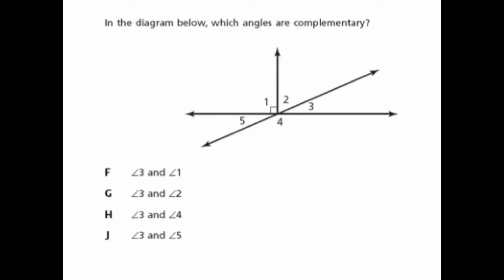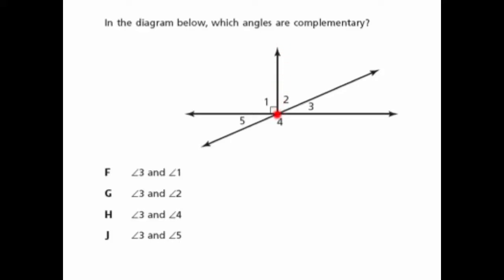In the diagram below, which angles are complements? Well, I know I'm looking for angles that are going to give me a right angle. Now, it can't be angle 1 because angle 1 is already a right angle. I'm looking for two angles that will add up to 90 degrees that are not already right angles.